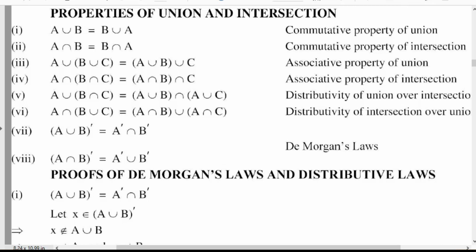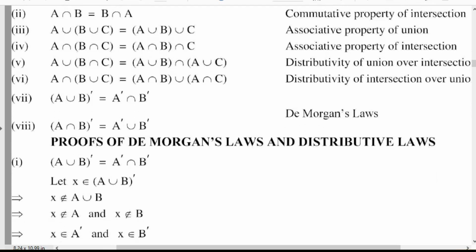Next, proof of the De Morgan's laws and distributive laws. First, De Morgan's law: (A union B) whole complement is equal to A complement intersection B complement. Let X belong to (A union B) whole complement, that is the left hand side.